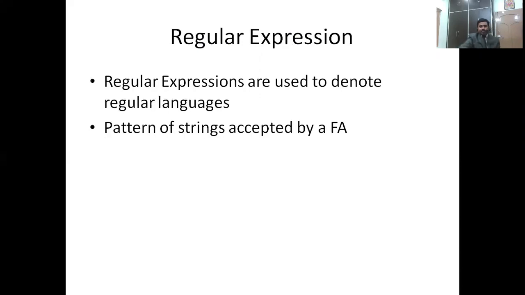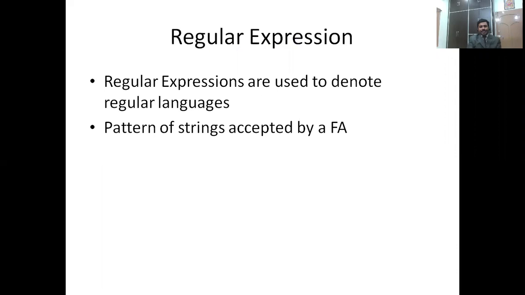Regular expressions are used to denote regular languages. We have many machines in theory of computation, like we start with DFAs, NFAs, followed by NFA with epsilon moves, then PDAs, LBAs, and finally we reach Turing machines. Every machine will have a language.